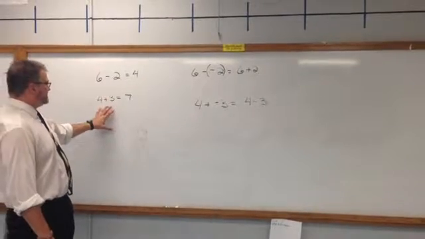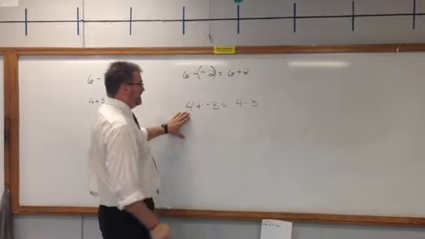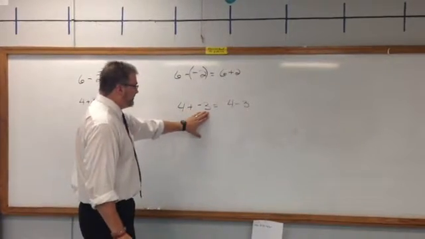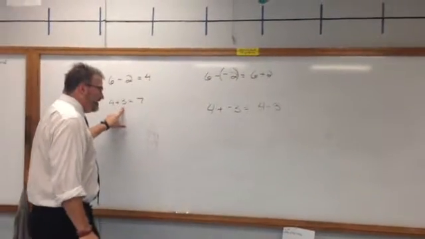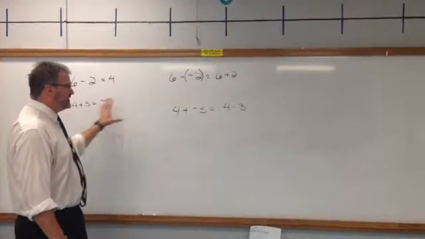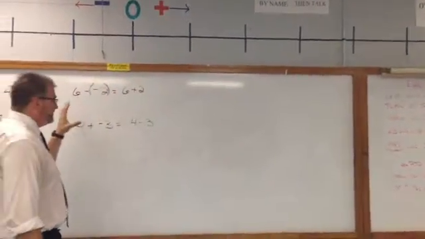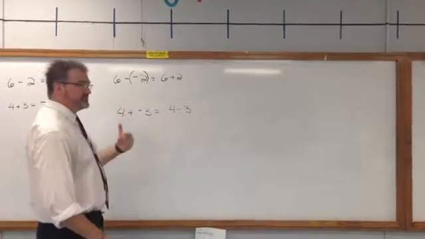I was just finishing saying that I can't start at 4 and go to the right 3 units for negative 3, because that's what I do to get plus 3. And positive 3 and plus 3 and minus 3 are different. So my only option is to move to the left, and that is really subtracting 3.